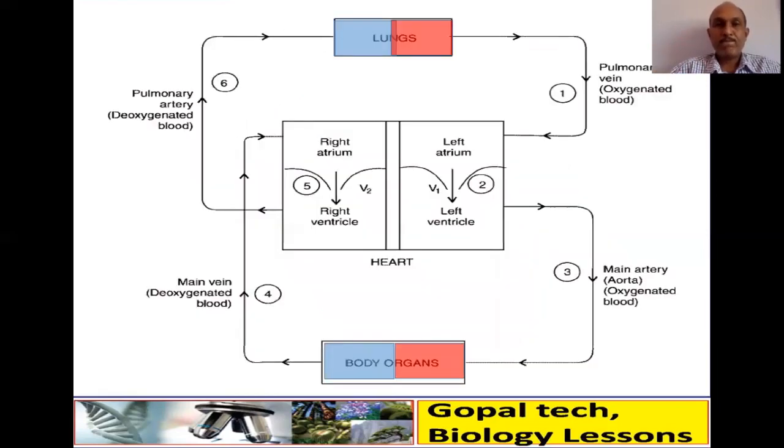Now here भी आप देख सकते हैं, this is a flow diagram. Okay, now you see, we'll start from here. Arrow mark देखेंगे आप लोग. Now see, from the body the deoxygenated blood comes to the right atrium, then right ventricle, then it will go to the lungs. इसको आप बोल सकते हैं pulmonary circulation.